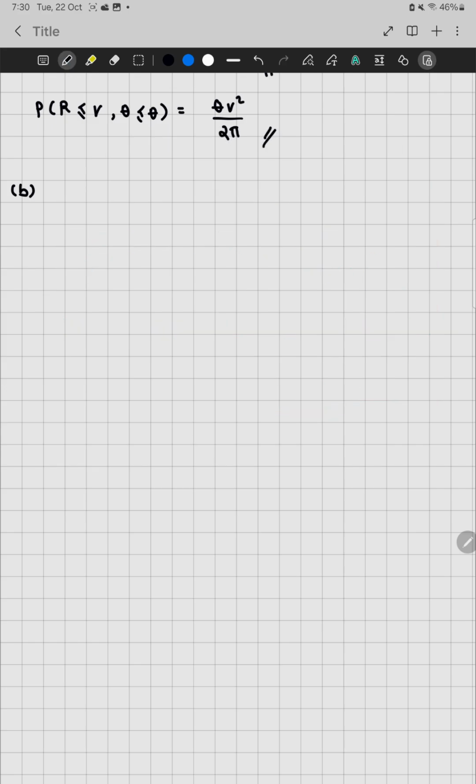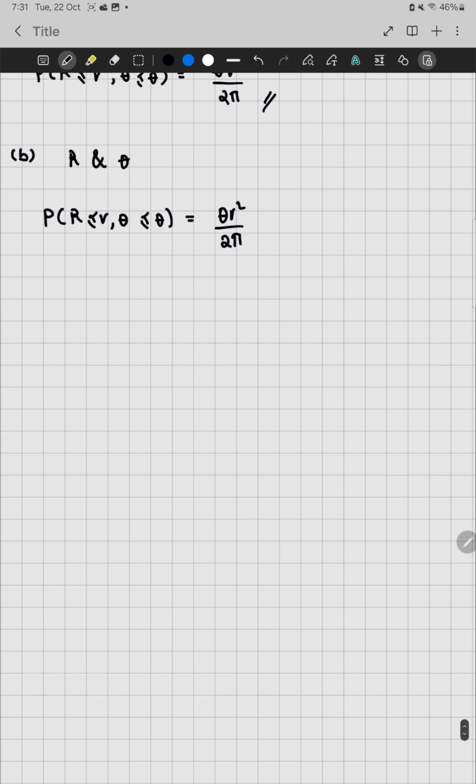So the marginal CDF of r and theta. R and theta won't be together. First of all, we need to write down this formula, which is really important, which we got from the first question: theta r square by 2 pi. First we're going to find the marginal of r.